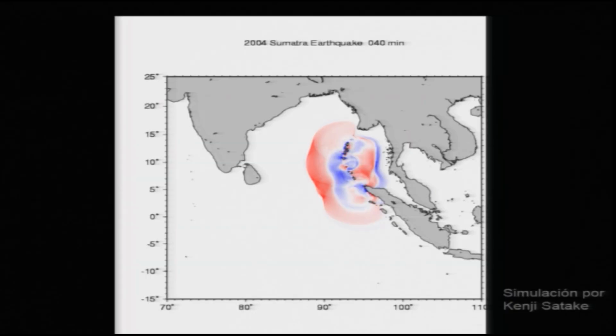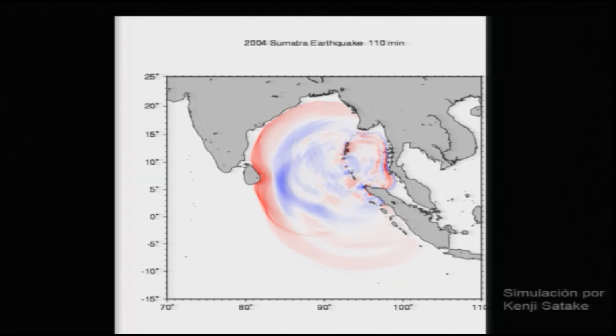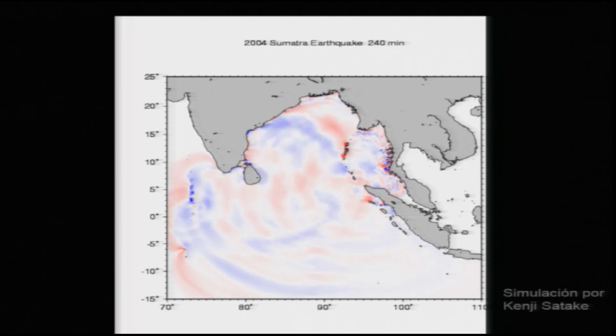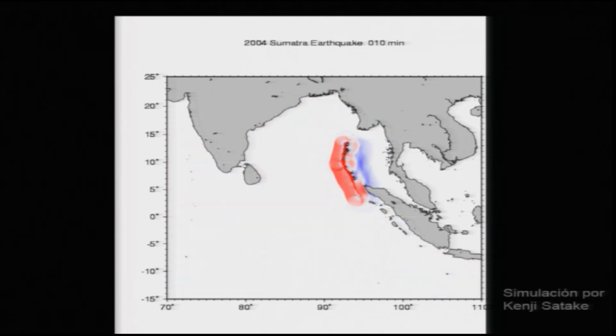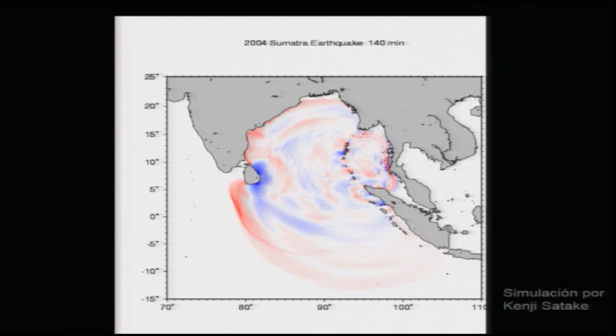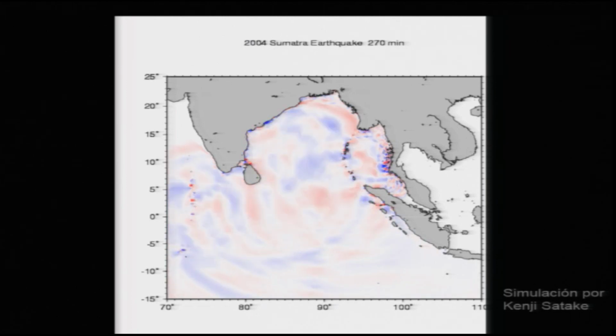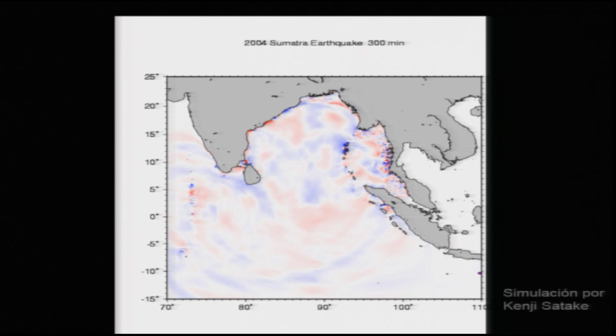This was generated by a model by Professor Kenji Satake from the Earthquake Research Institute, University of Tokyo. If you watch carefully, you will see the time given here, and then the whole front ruptured.